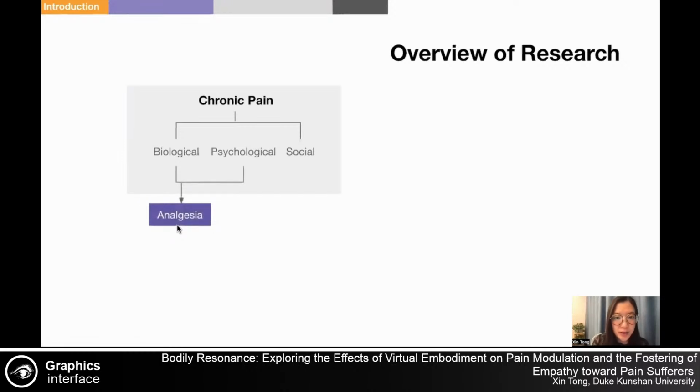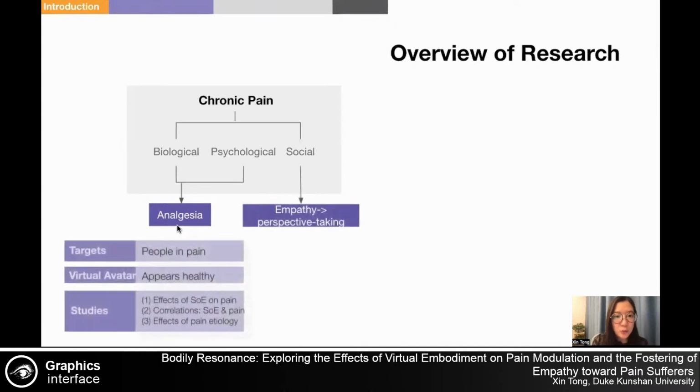In the first trajectory, I put patients in a healthy avatar to reduce their pain levels. I conducted 1 systematic literature review and 3 studies with different pain patients to understand how embodied approach affects pain.